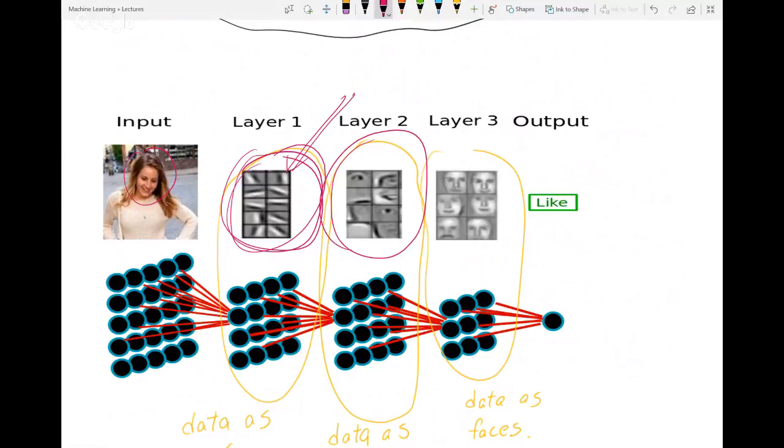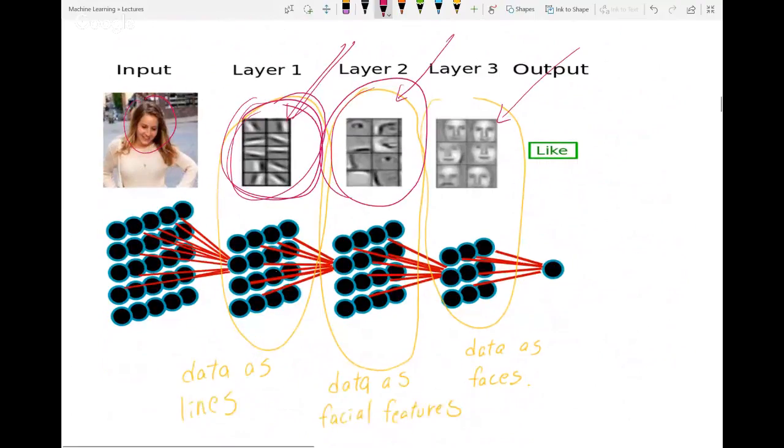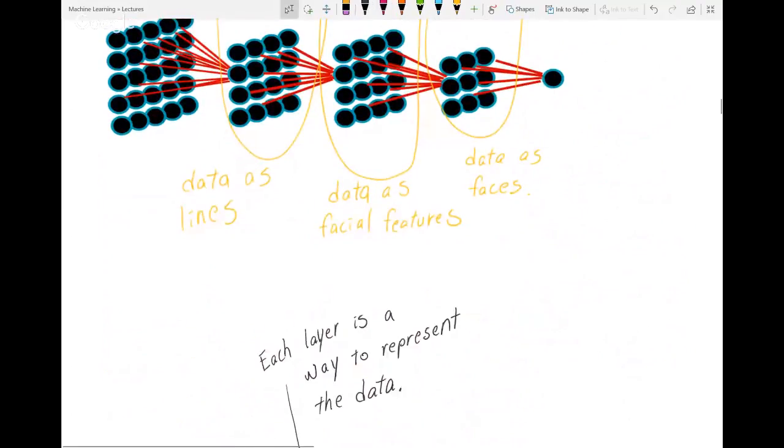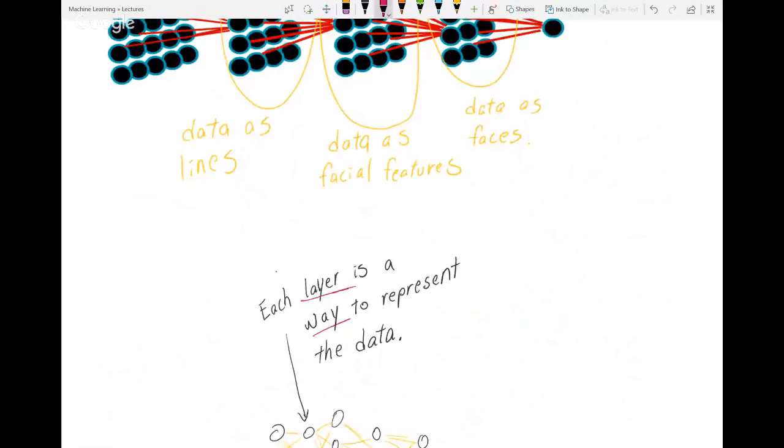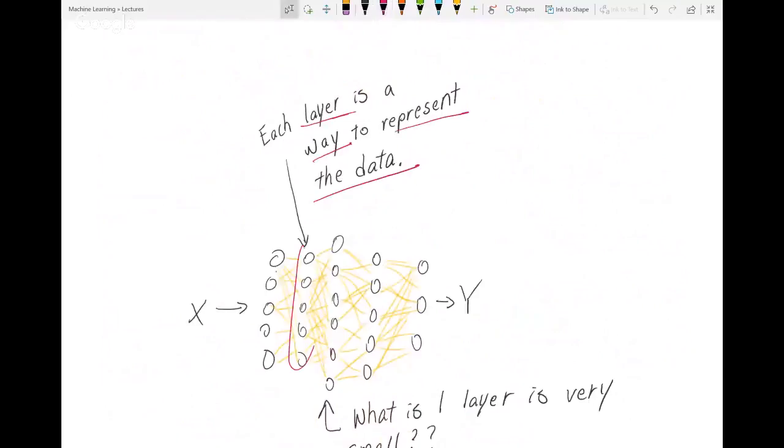Or you can use parts of the face to represent a face. Of course, you need to combine them somehow to form the face, but the information is there. And lastly, over here is like the whole face. So each layer, you can see it as a way to represent the data.